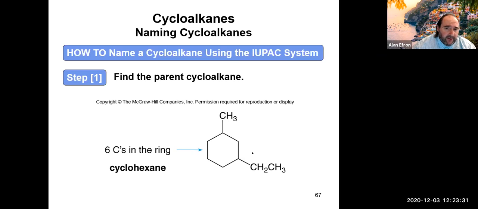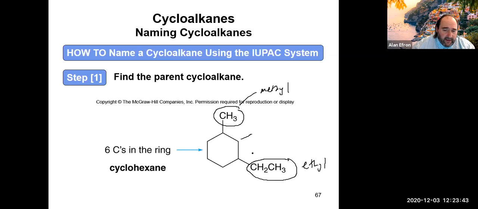So we would start out here looking at something like this, where we have a methyl group. We have a 2-carbon group here, and that's an ethyl group. And then obviously we have our ring structure here, and that is a 6-member ring, and that would be, as we see here, cyclohexane, the base of our name.